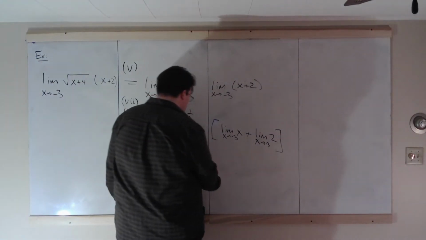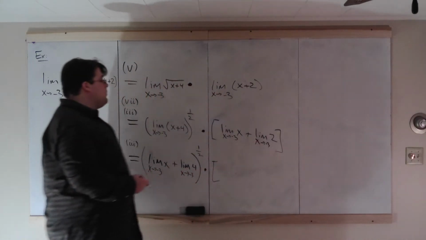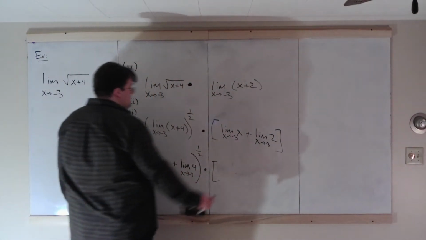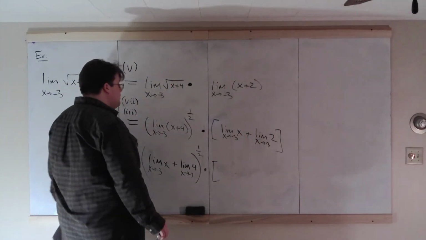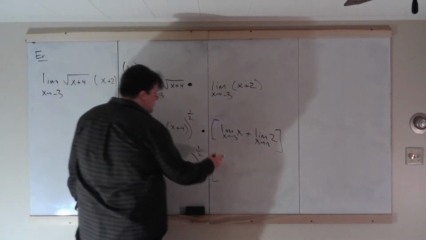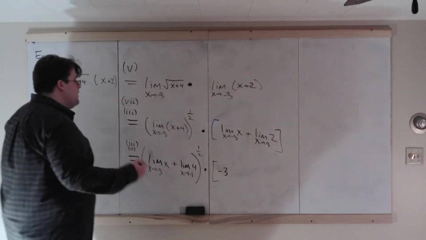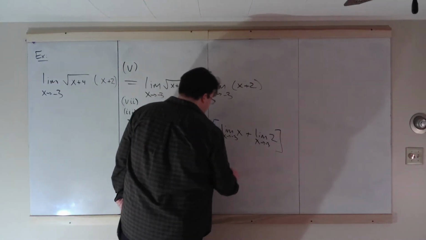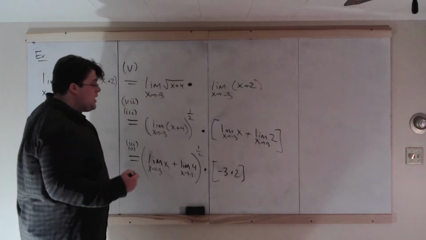Now, we have the limit as x approaches -3 of x. We can apply rule 2 to that. So by rule 2, the limit as x approaches -3 of x is just -3. And over here, the limit as x approaches -3 of 2 is just 2 by rule 1.